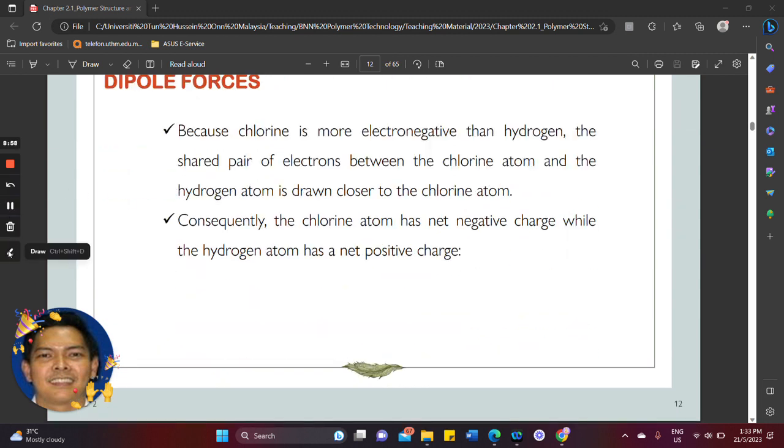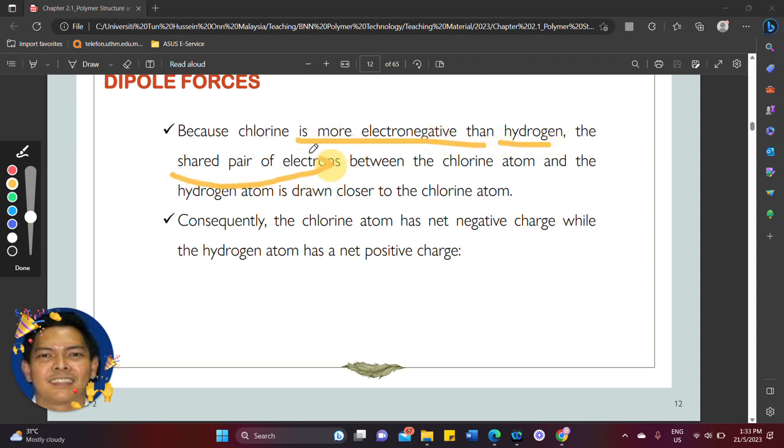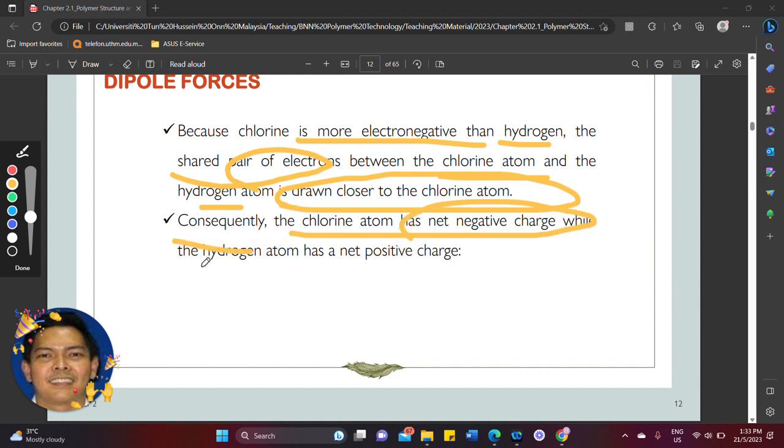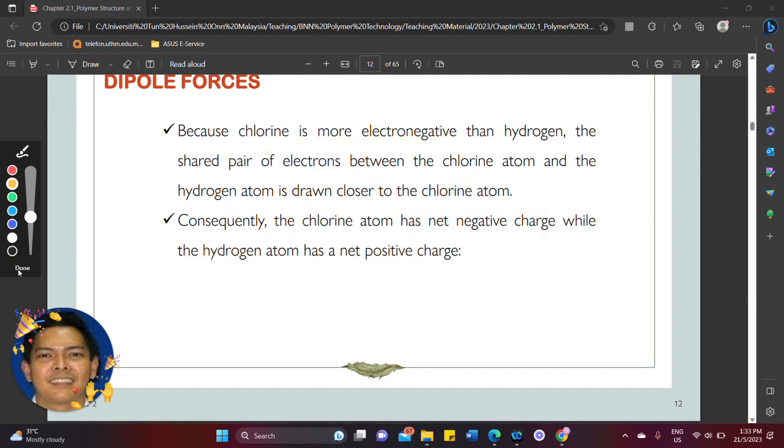Because chlorine is more electronegative than hydrogen, the shared pair of electrons between the chlorine atom and the hydrogen atom is drawn closer to the chlorine atom. Consequently, the chlorine atom has a net negative charge while the hydrogen atom has a net positive charge.